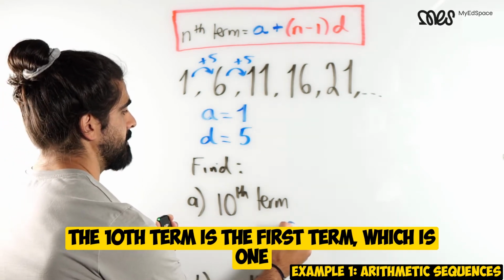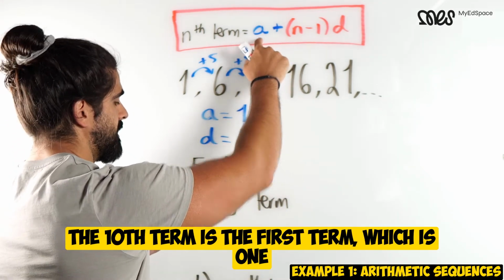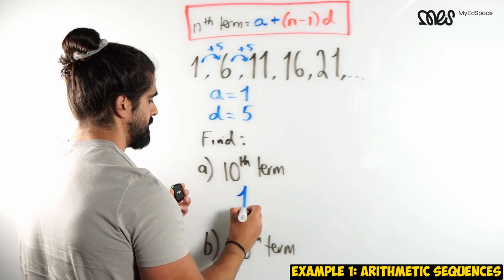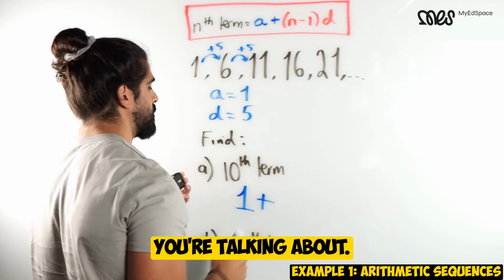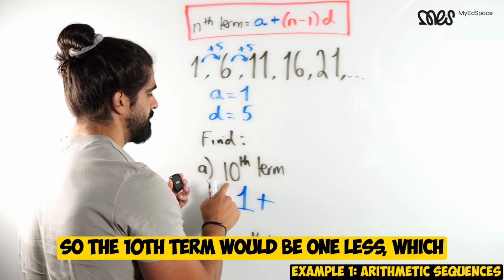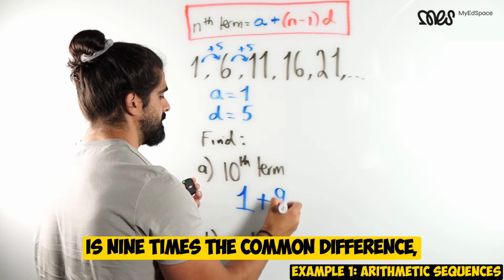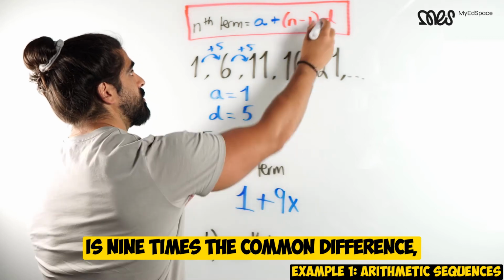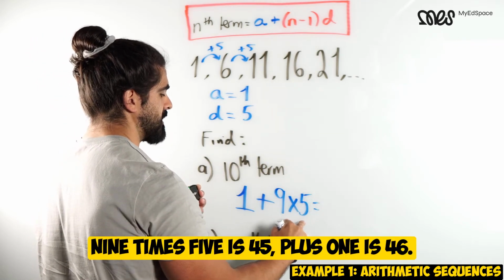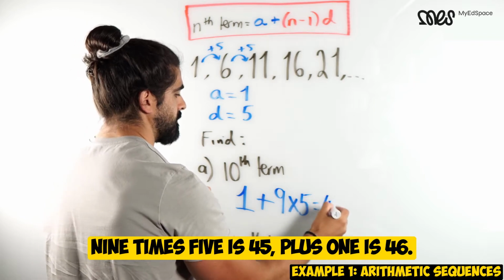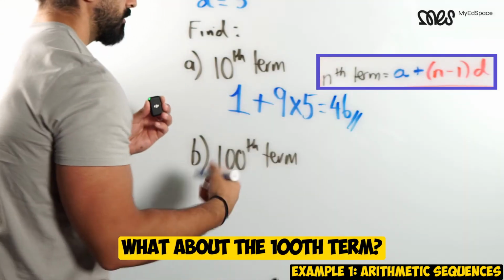The 10th term is the first term, which is 1, plus 1 less than the term you're talking about. So the 10th term would be 1 less, which is 9, times the common difference, which is 5. 9 times 5 is 45, plus 1 is 46. Or the 100th term.